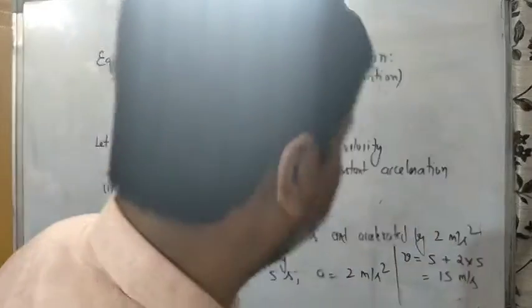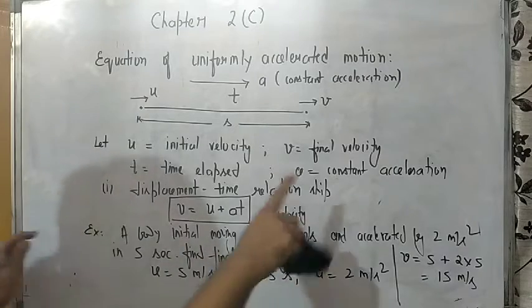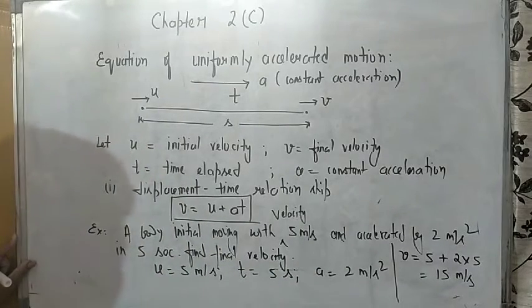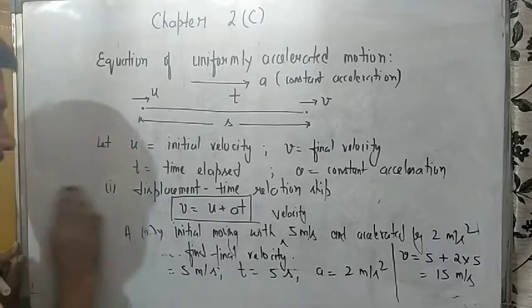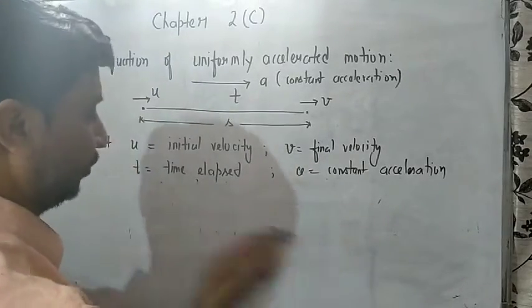Now come to the second one. When distance varies with time, I am not going to erase this, so please note it down if you want to. If you talk about the special case, there are two possibilities.